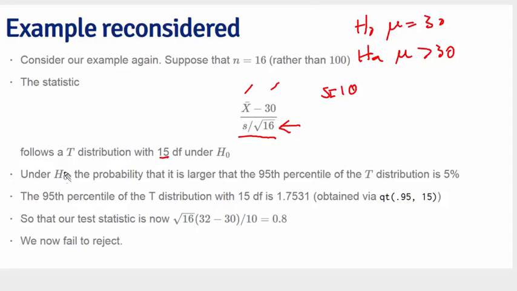So under the null hypothesis, the probability that it's larger than the 95th percentile of the t-distribution is 5%. So we need to calculate that 95th percentile of the t-distribution. This can be done with qt, 0.95, and 15 degrees of freedom, which works out to be 1.7531. Our test statistic, if we actually plug in the 10 and our x bar of 32, works out to be 0.8. And so we're failing to reject because 0.8 is smaller than 1.75.